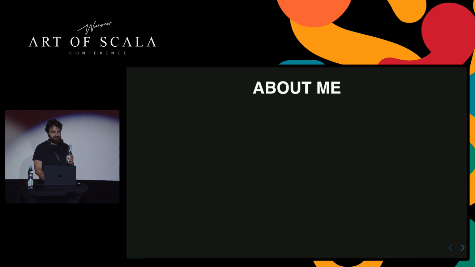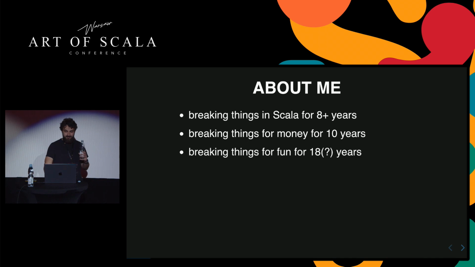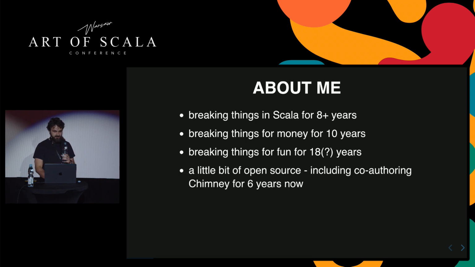So, a little bit about me, because it's an obligatory part of every presentation like this. I've been using Scala for more than 8 years, commercially working in general more than 10, and working with programming, even non-paid, just as a hobby, for 18 or so. One of the things I was doing in the meantime was co-authoring one macro-heavy library called Chimney.